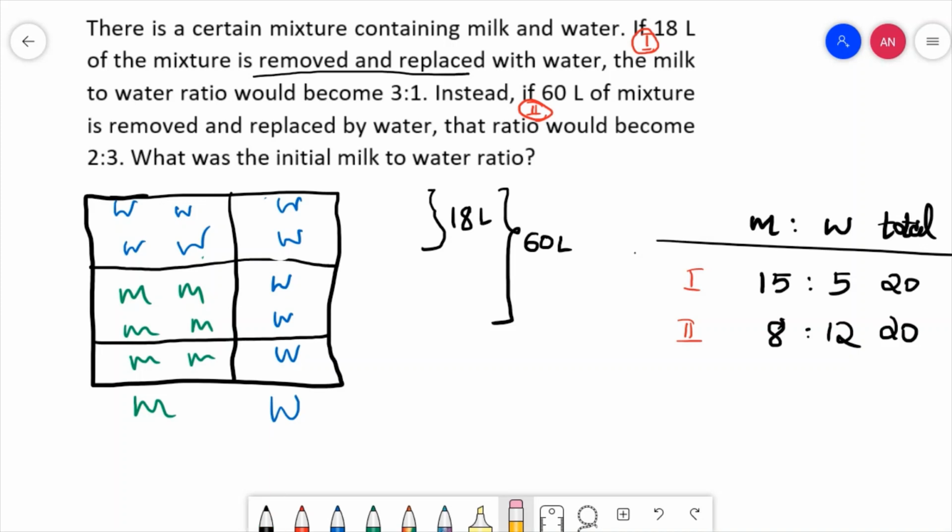Remember, initially we had this total part as milk and this total part as water, and from that we are going to remove this 60 liter part, so there won't be anything in these parts. We have removed this part and we are going to replace it with water, so we fill water all over this place.